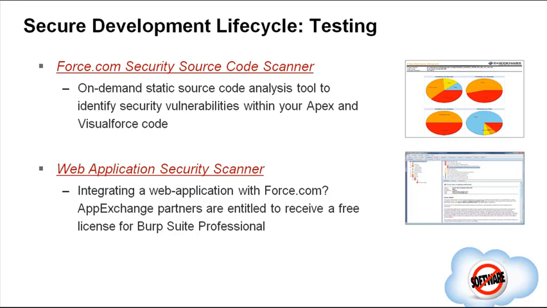If your application also includes integration with web services that are running on servers outside of Force.com, you're entitled to receive a free license for Burp Suite Professional. This is a black box penetration testing tool which helps you automate a lot of your security testing. Let's take a look at how you can request these scans and what the outputs of these tools look like.